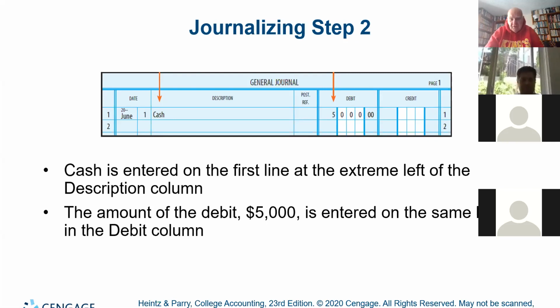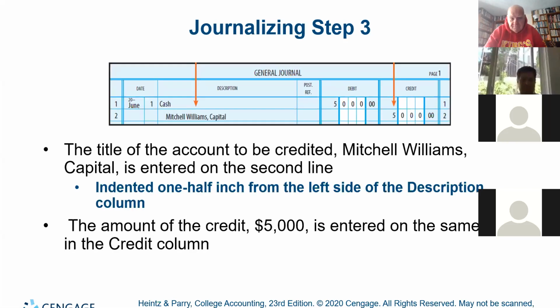So cash is entered on the first line, $5,000 debit. Guess what? We're going to have a credit for $5,000, Mitchell Williams Capital. The title of the account to be credited, Mitchell Williams, goes on the second line. Notice the indentation. Super, super important. On every journal entry, without exception, credits are indented.